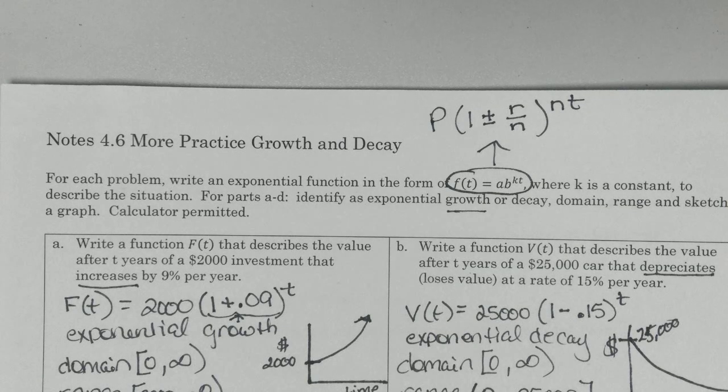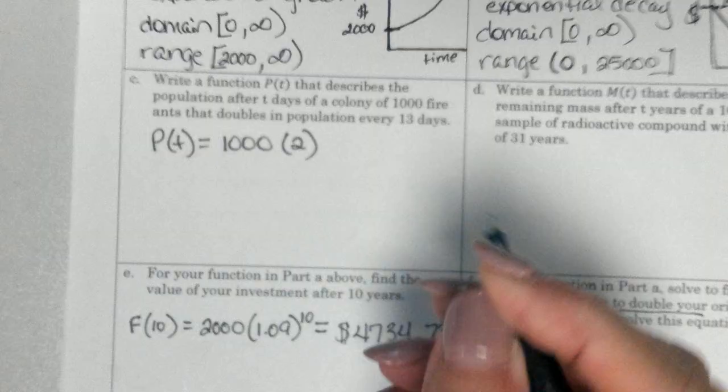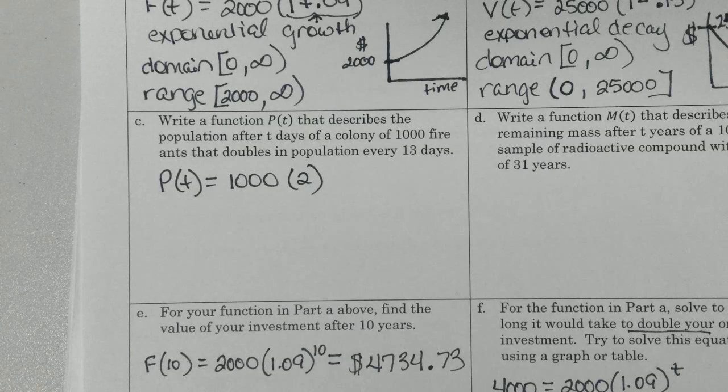And 100% as a decimal is what? 1. And what is 1 plus 1? 2. So technically our base number is 2. That's because we're doubling times 2. But we only take it times 2 every 13 days.